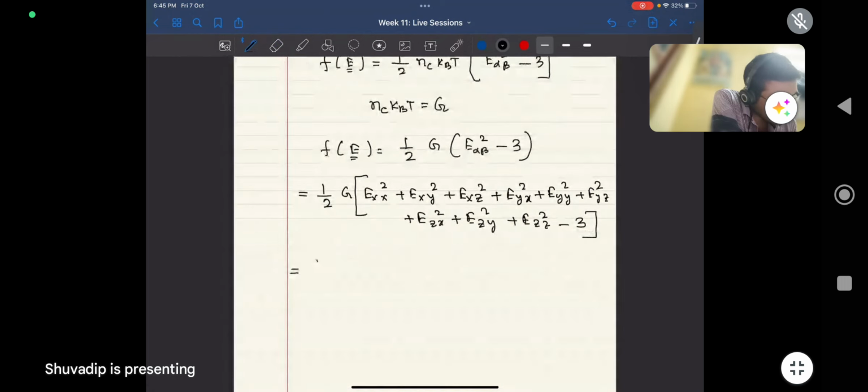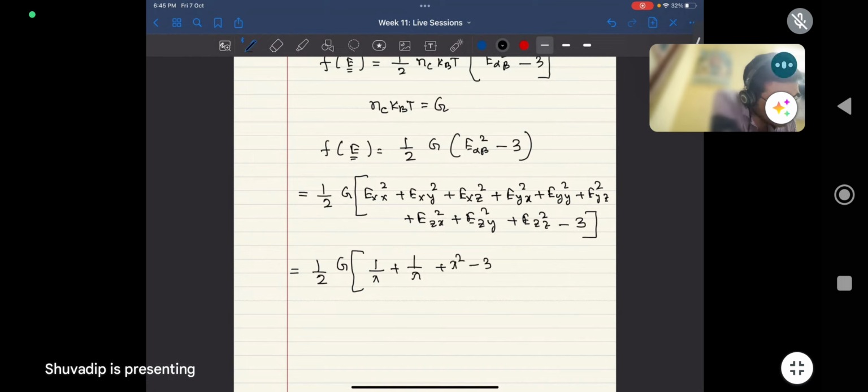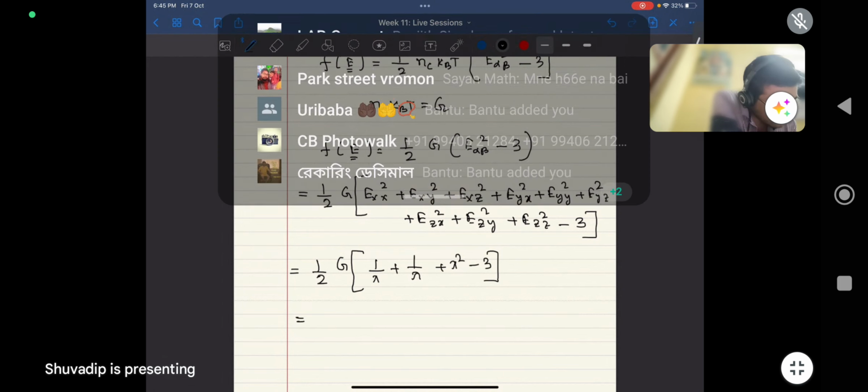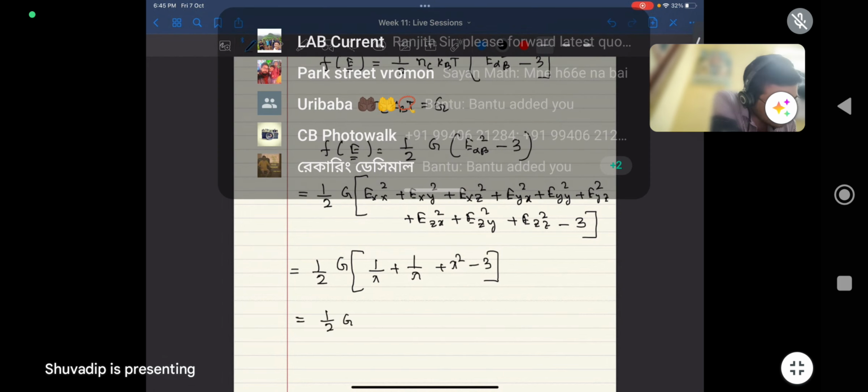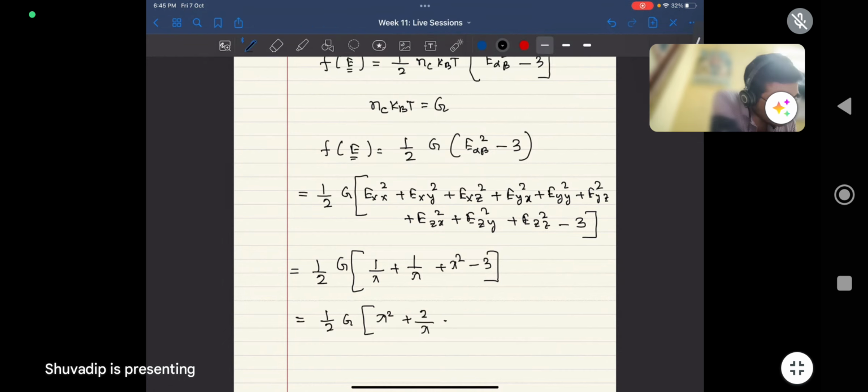So half g. Now most of the terms are 0, only the diagonal terms will exist. So 1 by lambda plus 1 by lambda plus lambda square minus 3. So this will give half g, lambda square plus 2 by lambda minus 3. So this is the free energy density for deformation.